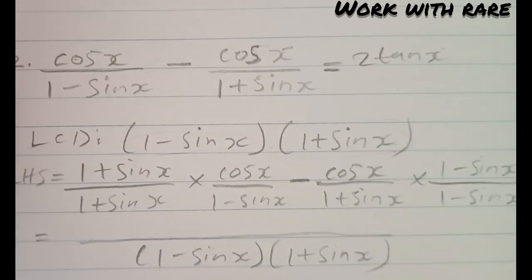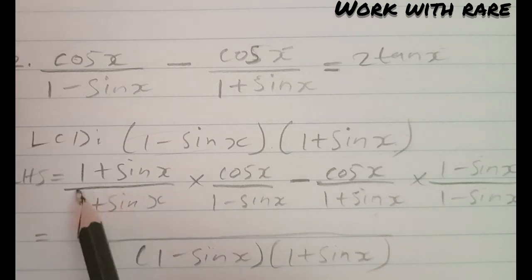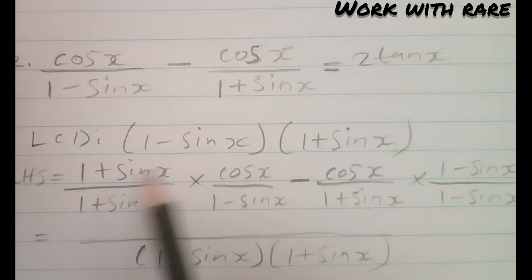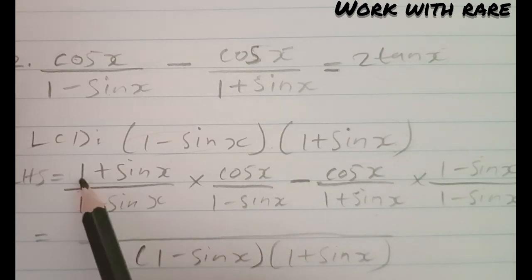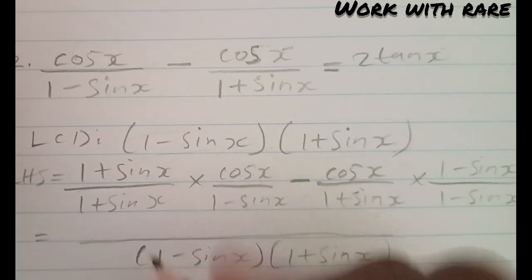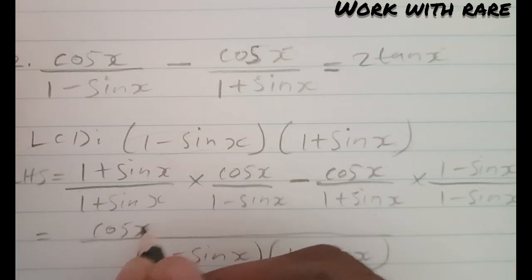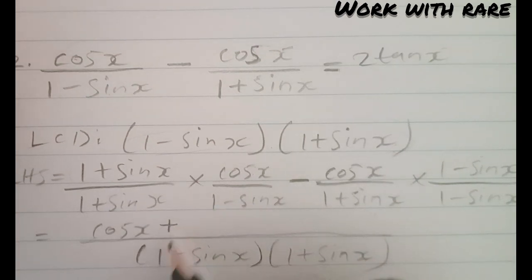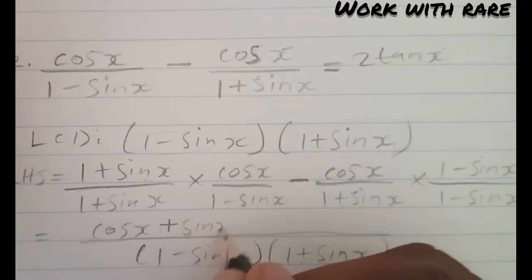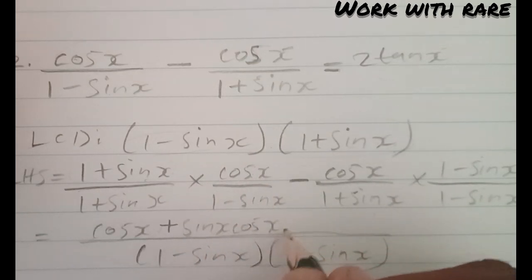This part is the same as two brackets because we multiply, so it's the product. I will say 1 multiplied by cos x is cos x, plus, so it's positive, sin x multiplied by cos x is sin x cos x.